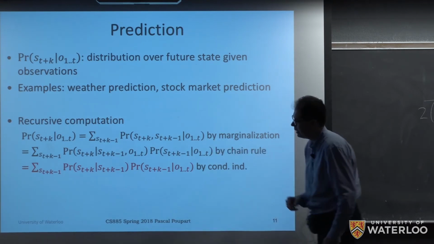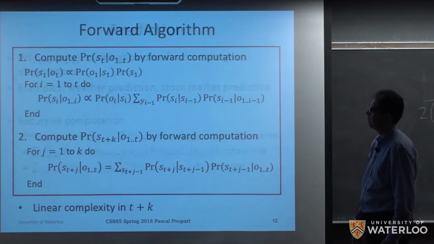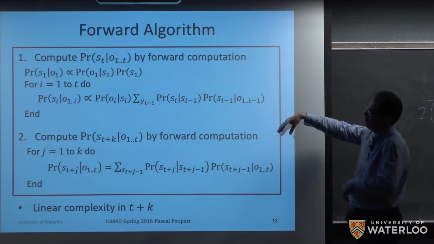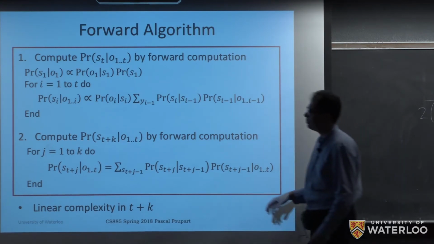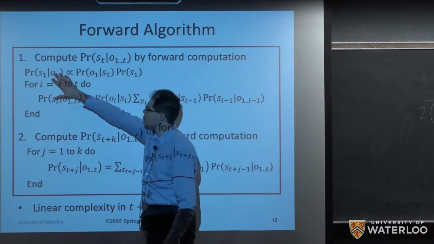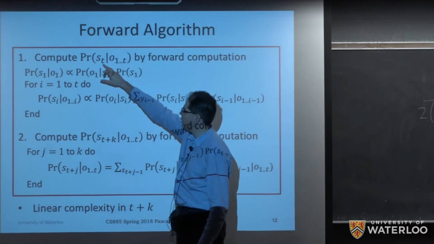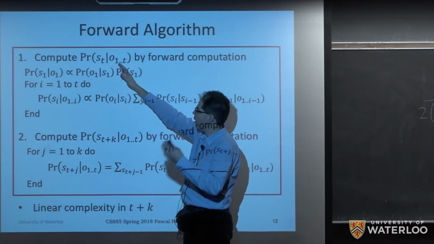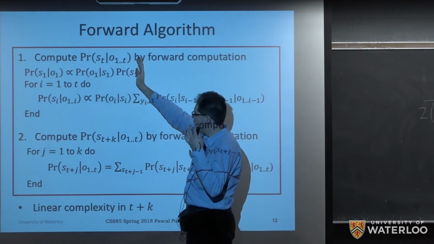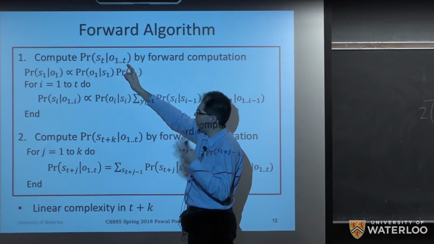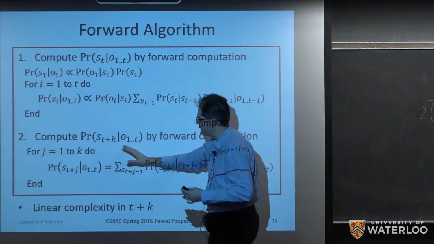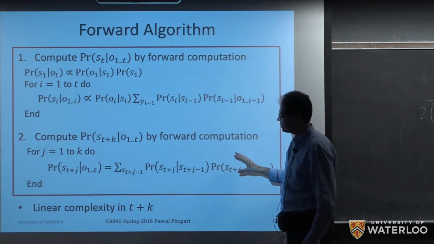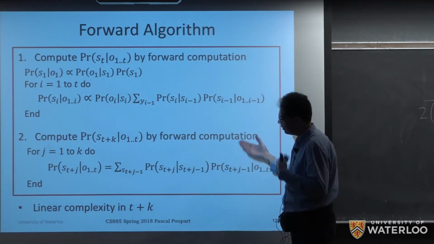And now we can combine this with what we saw for the forward algorithm into a more general forward algorithm, where what we do is we first compute our belief or the distribution over st up until the last time step where we've observed something. And then after that, we start making some predictions, again by computing forward.